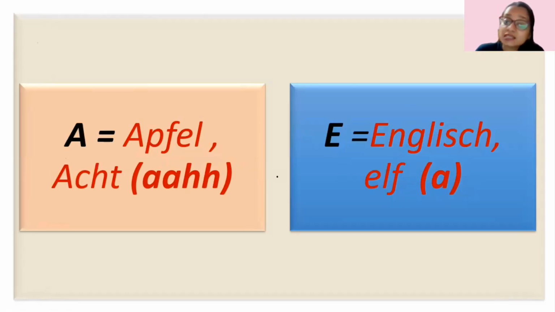Now, let's move further. E. The E sound will be eh. Yes, they are a little bit opposite. A is ah, E is eh. For example, Englisch, which means English. Next is elf. Elf, which means 11.